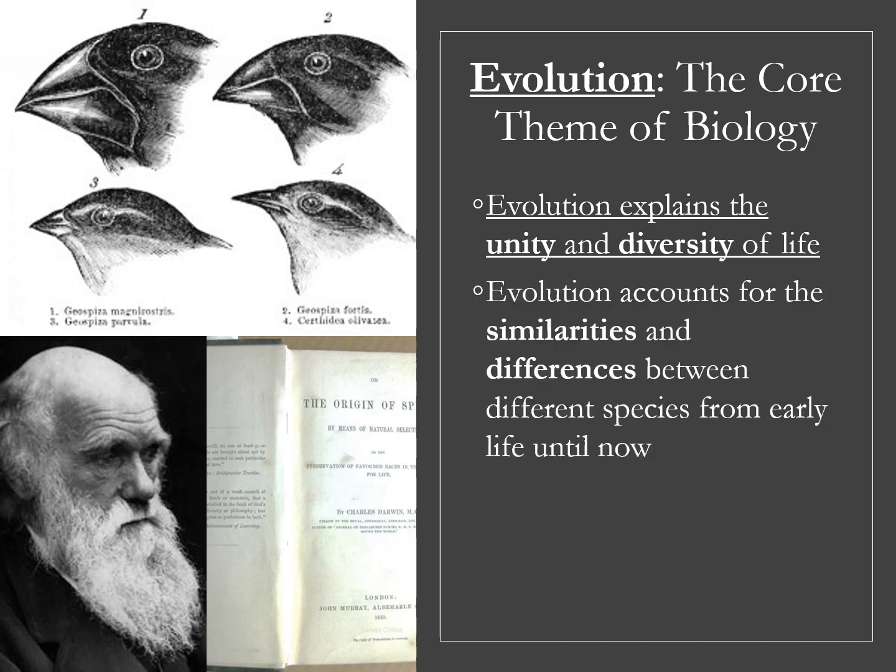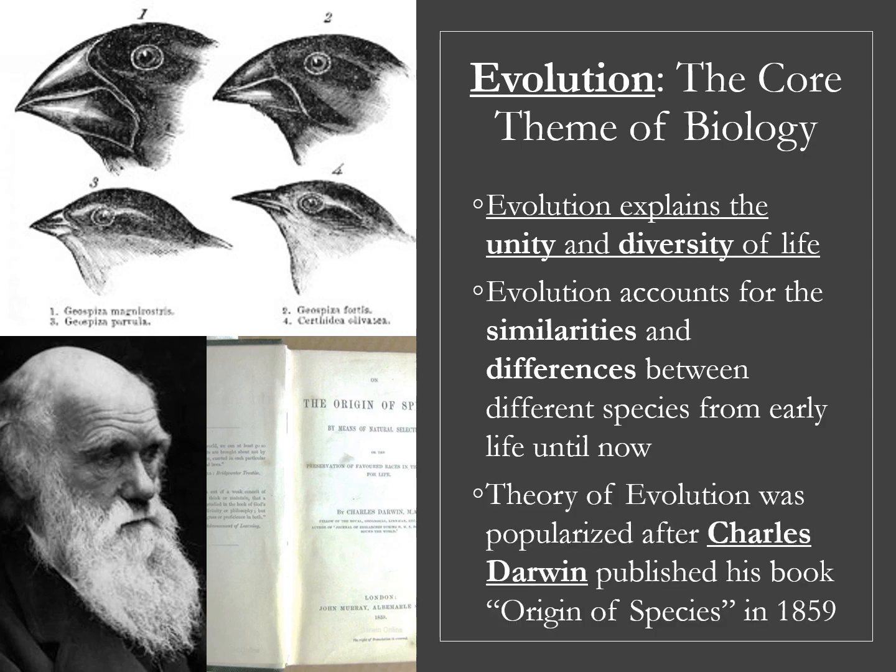Well, it means that there are similarities, but there are also differences between all of the different species of the world from early on until now. So not everyone is the same, but you see similarities between all life. Okay, so that's why evolution can explain why we see these similarities and the differences at the same time.